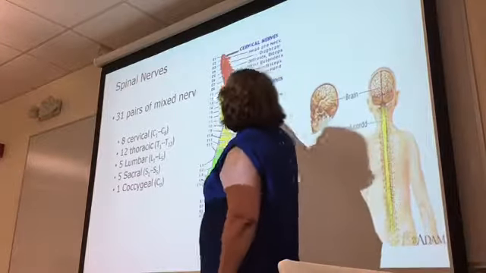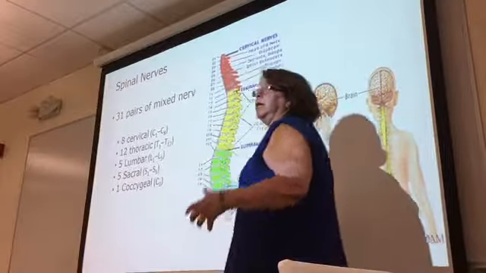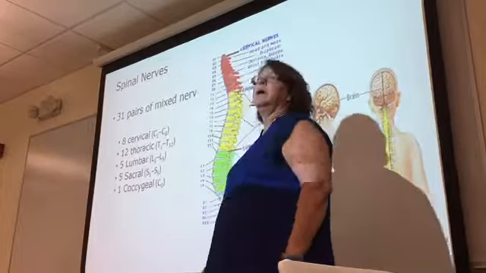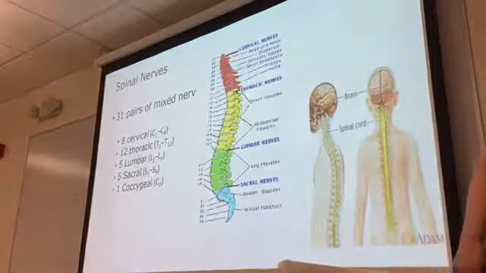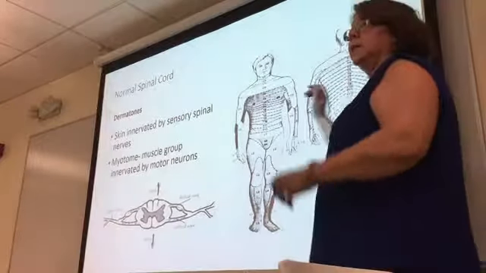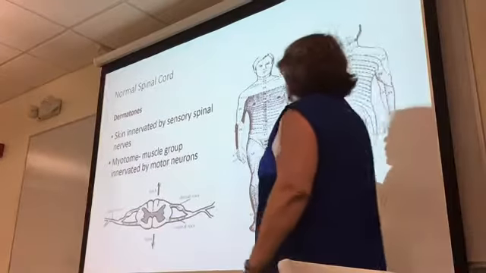That's how it's going down. Injury up in the cervical is quadriplegic, then from T1 down, paraplegic. And again, I'm not testing on the anatomy and physiology. This is just to help as we're going forward.